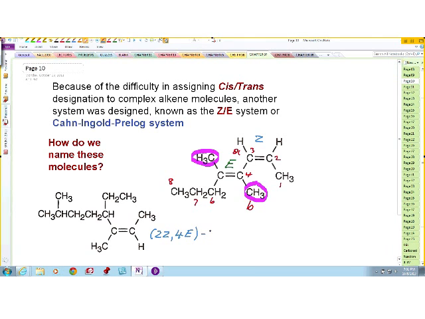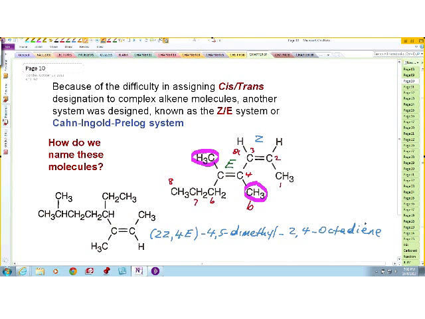This time it is 4,5-dimethyl. The longest carbon chain, and the double bonds are in positions 2 and 4, right? So it becomes 2,4-octadiene, and that is the complete name for that molecule.